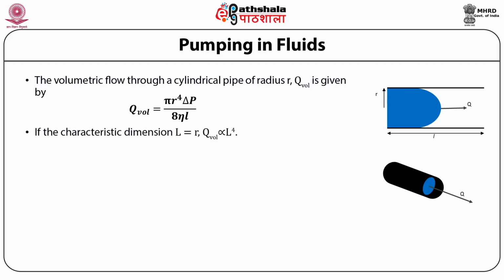Now, if the characteristic dimension capital L is equal to the radius r, then this Q volume is proportional to L to the power 4.